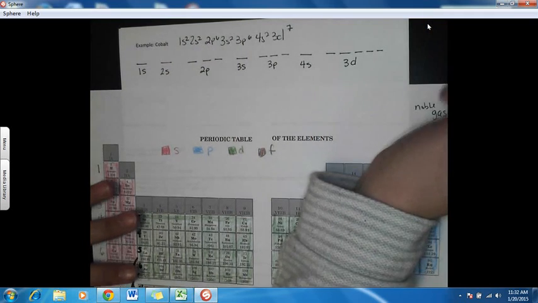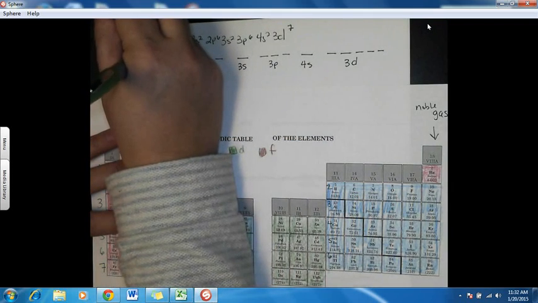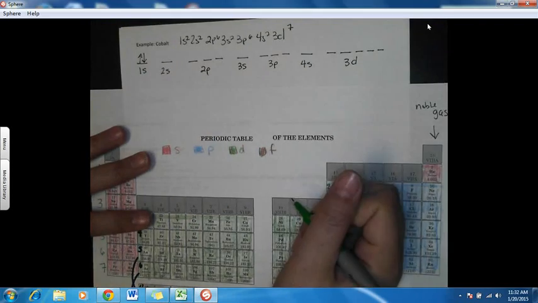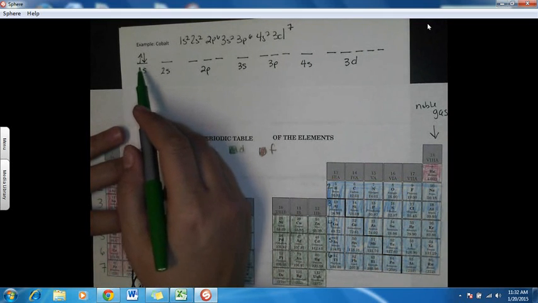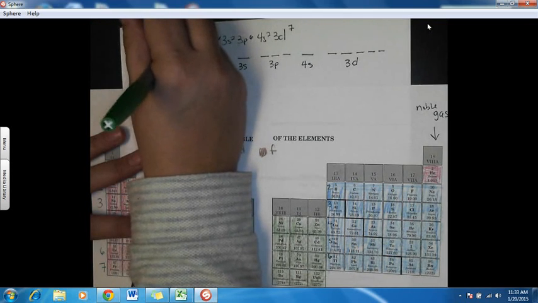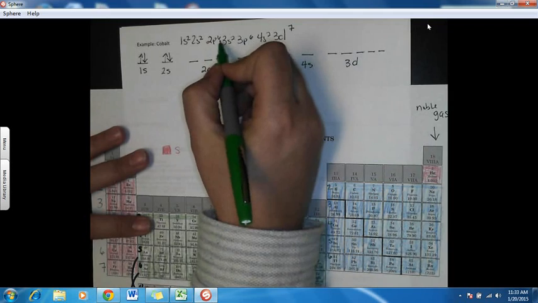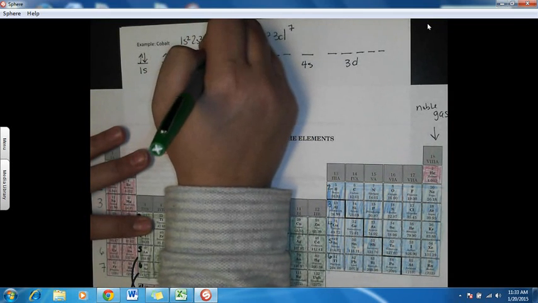Right? So then remember, our superscripts are our number of electrons. So we put electrons in using arrows. Arrows represent our electrons. If we have 2, one has to be spin up and one has to be spin down. That's Pauli exclusion principle. Likewise with the 2s, one up and one down. 2p has 6, so each one would have one up and one down.